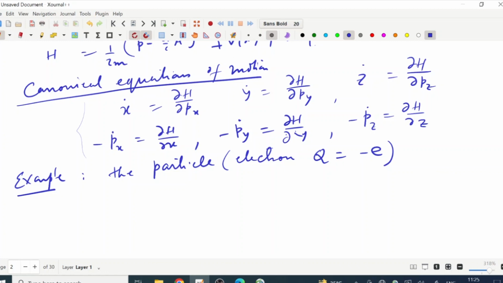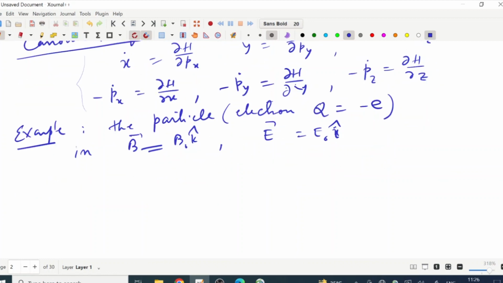So, you can have a particle in a particular magnetic field, say B equal to B0 in the k direction, and say an electric field E0 in the x direction, the i direction. Suppose you have this electric and magnetic field, then what will happen? Write the Hamiltonian for the electron in this electromagnetic field.